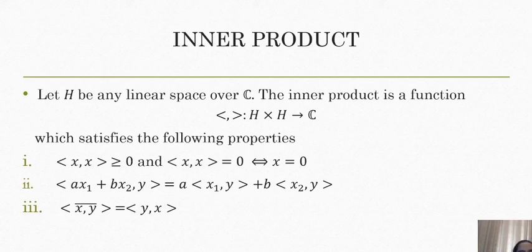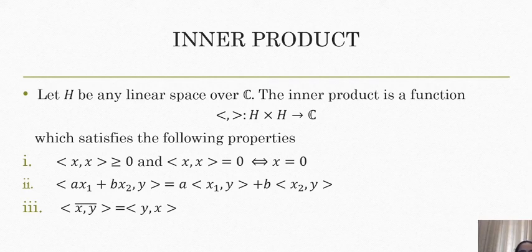The second one, inner product (a x1 + b x2, y) is equal to a times inner product (x1, y) plus b times inner product (x2, y). And the last one is the conjugate of inner product (x, y) is equal to inner product (y, x).